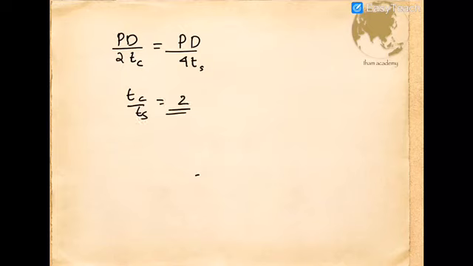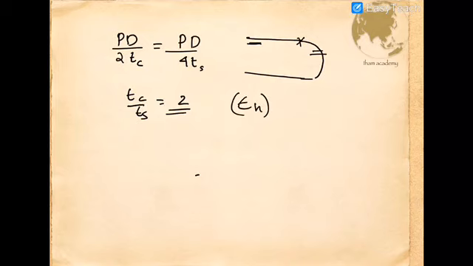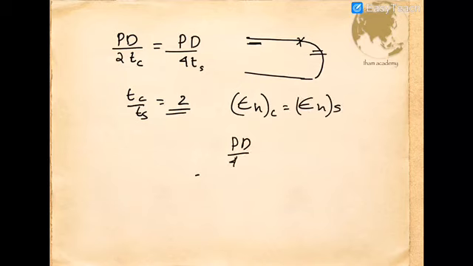Another condition: the thickness of the cylinder for no distortion at the junction. The junction point is where the cylindrical portion is united with the spherical body. If there is no distortion, the strain developed in the cylindrical as well as spherical portion should be the same. The distortion will be developed in the circumferential direction. So epsilon h of the cylinder will be equal to epsilon h of the spherical body.